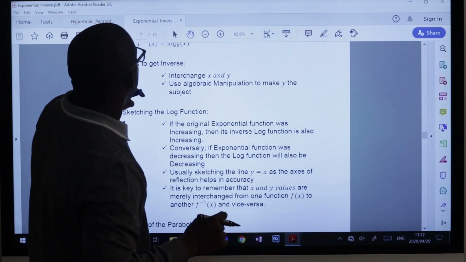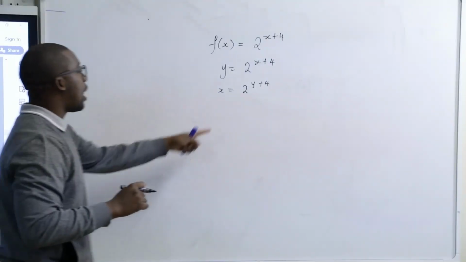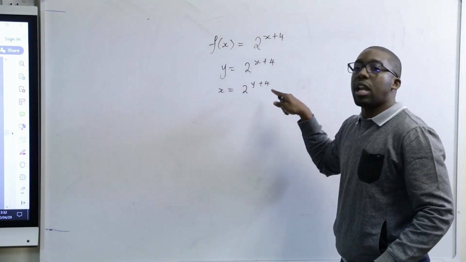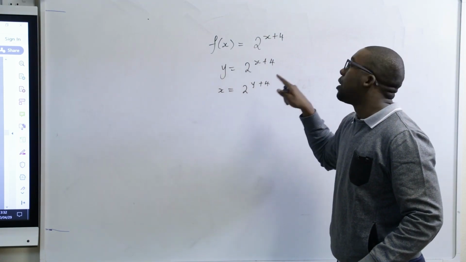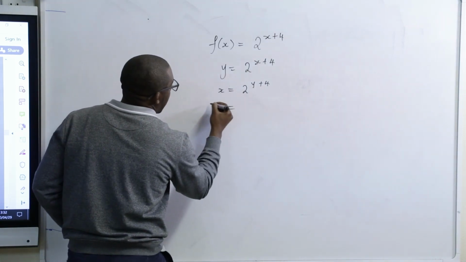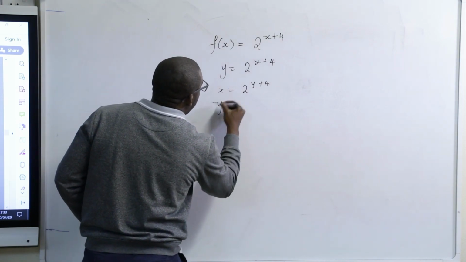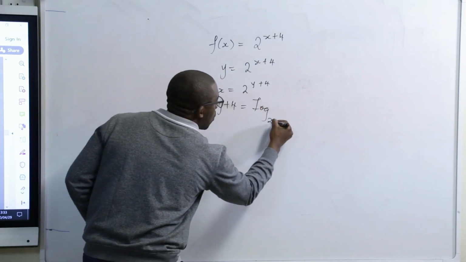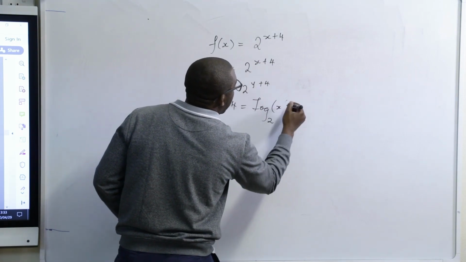Thereafter, use algebraic manipulation to make y the subject. Here, the algebraic manipulation required comes from laws of logarithms. We have an unknown exponent. To change an unknown exponent and make it subject of the formula, you would have to use logarithms. So x is equal to 2 to the y plus 4, which gives y plus 4 is equal to log, 2 was the base, so it goes underneath there. Then in brackets you put x.